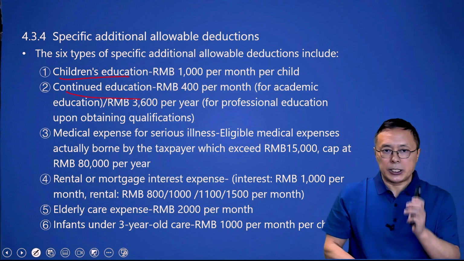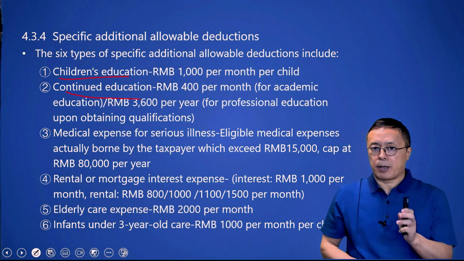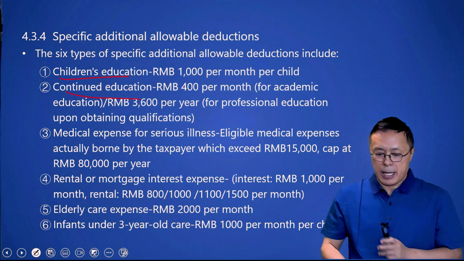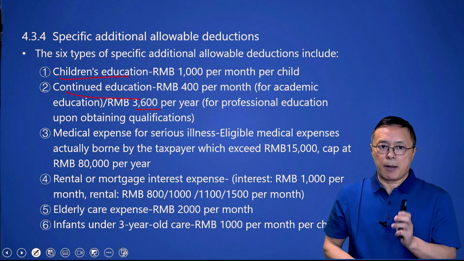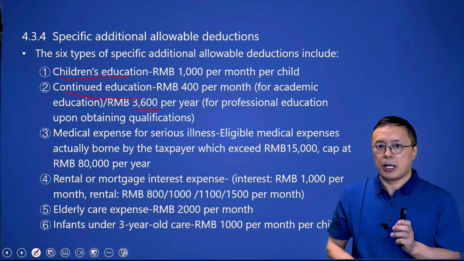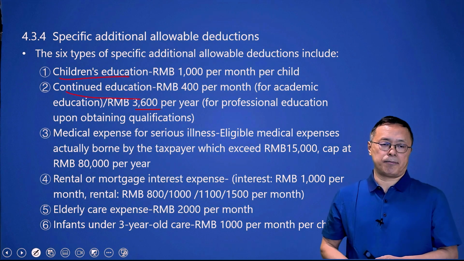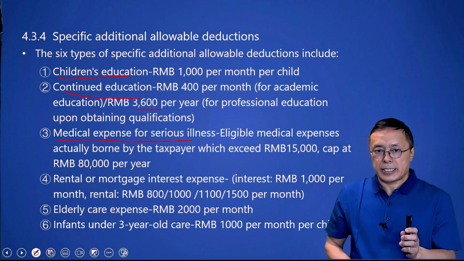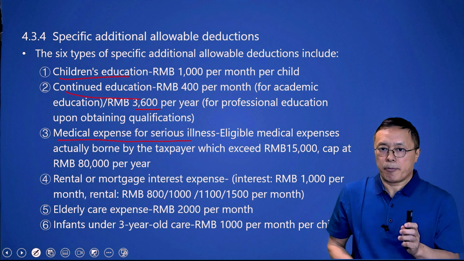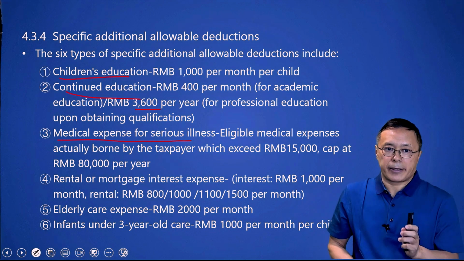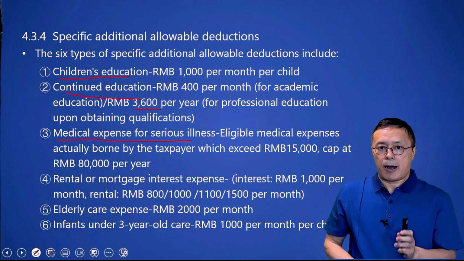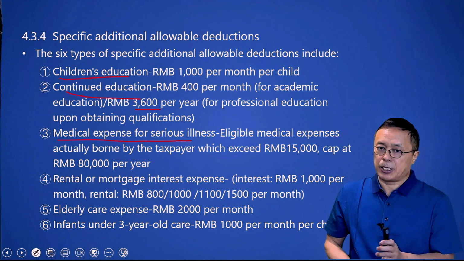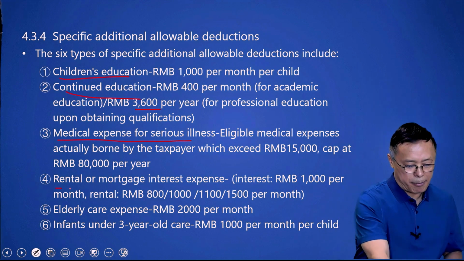Number 2, continued education is RMB 400 per month for academic education, or RMB 3,600 per year for professional education upon obtaining qualifications. Number 3, medical expense for serious illness. It's eligible medical expenses actually borne by the taxpayer which exceed RMB 15,000, capped at RMB 80,000 per year.